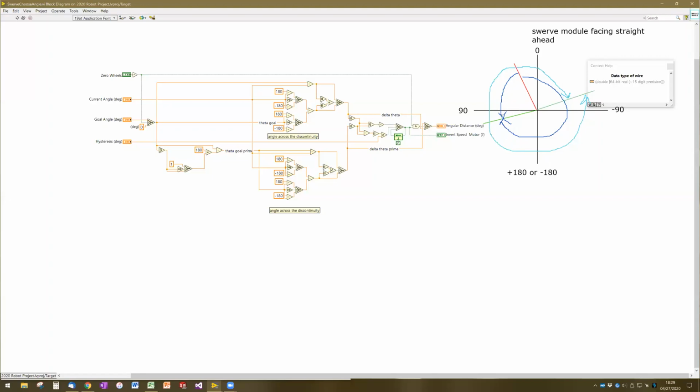But as we go around the other direction, we're at 170 degrees, 180 degrees, and then all of a sudden we jump to negative 180 degrees, negative 170 degrees. So there's a big jump there, and we've got to handle that with a subtraction. And so all these 180s minus the other things are to basically calculate the distance from the current angle to this 180.